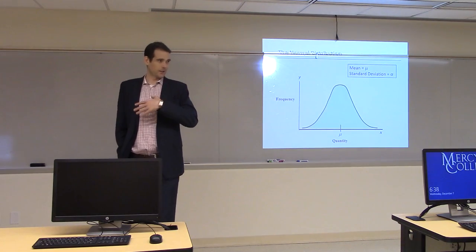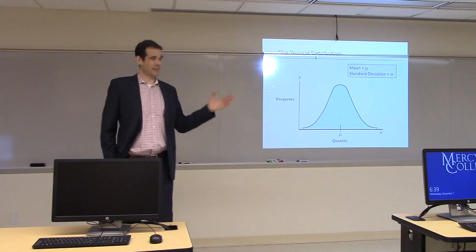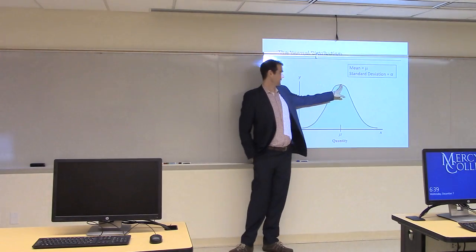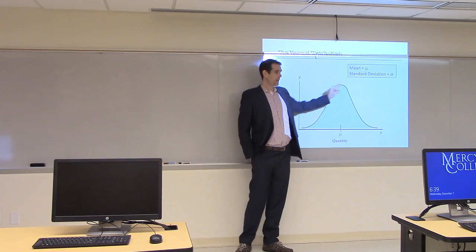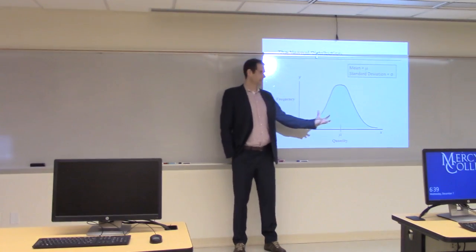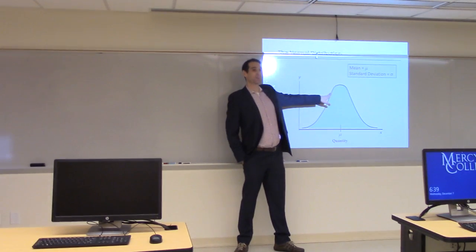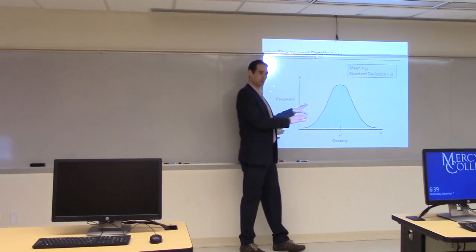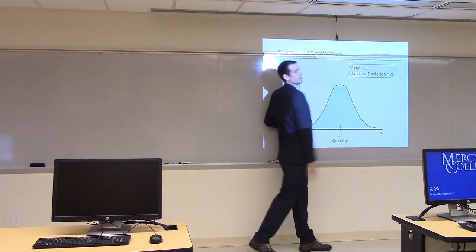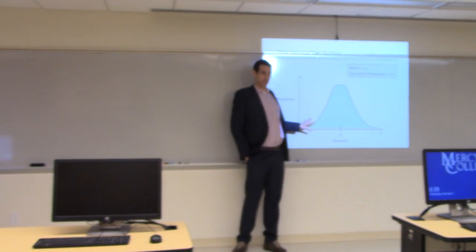If I have a forest full of 20,000 trees, I'm going to have an average height of those trees. That would be the mean of my population. And I'm going to have a distribution of those trees. Some of those trees are going to be a little bit taller, some of those trees are going to be a little bit shorter, and the distribution measures how much, on average, each of those trees differ from the average height of the tree.